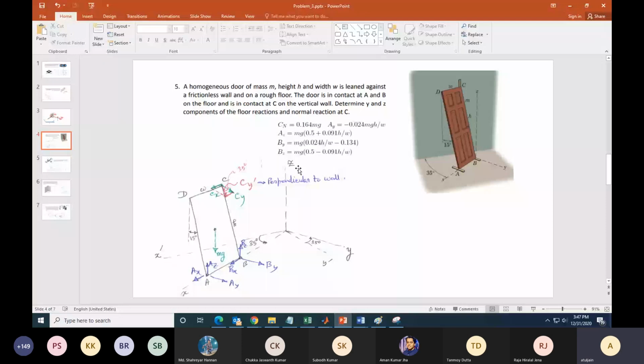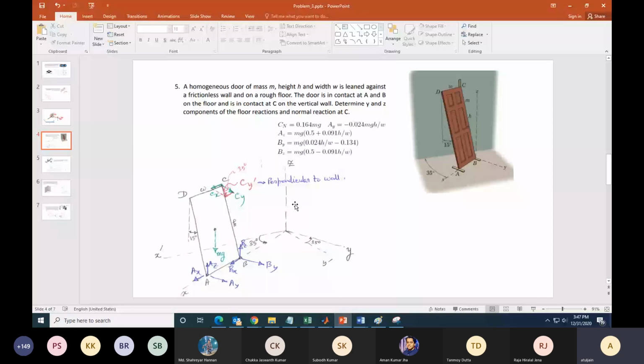So the door is at an angle of 35 degrees with respect to the wall. In this figure, X, Y, Z is the coordinate axis system corresponding to my door. X prime, Y prime, Z prime are the ones corresponding to the wall. So it will look something like this.